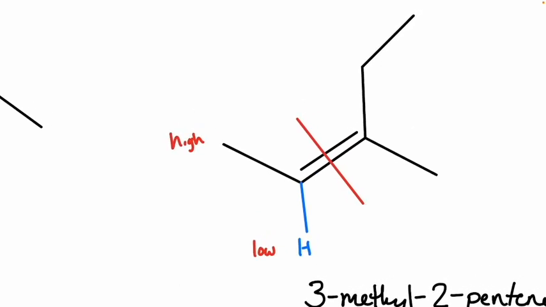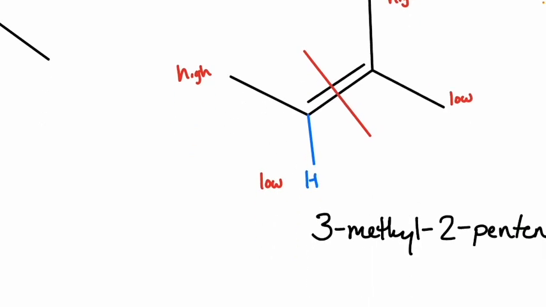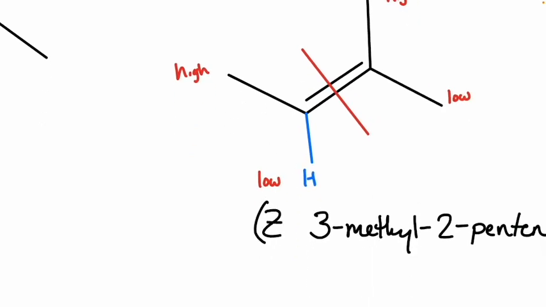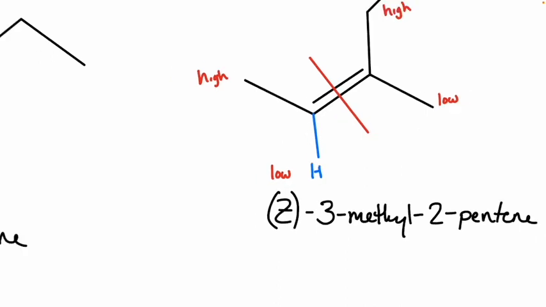If I go to the other side, an ethyl versus a methyl, my ethyl group is high, my methyl group is low. Now those two high priority groups are on the same side, so this would be the Z stereochemistry.